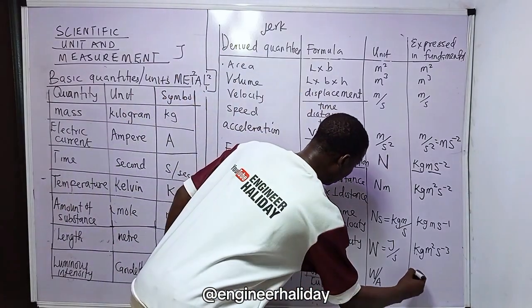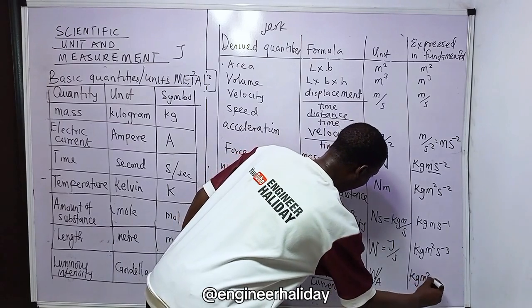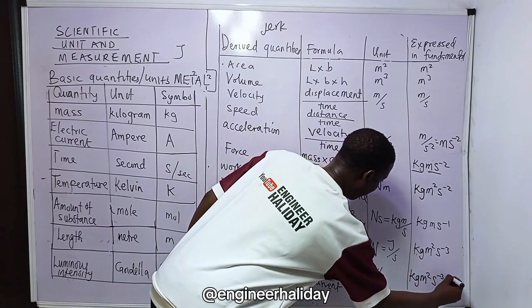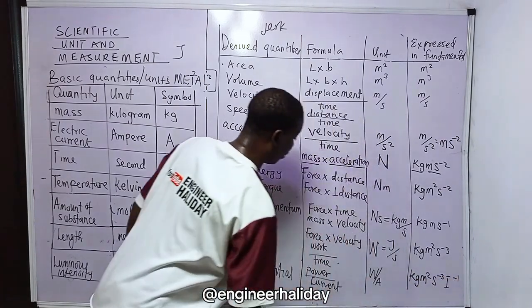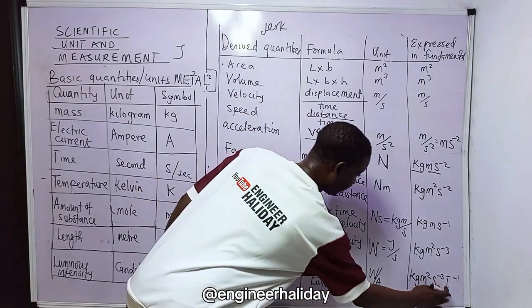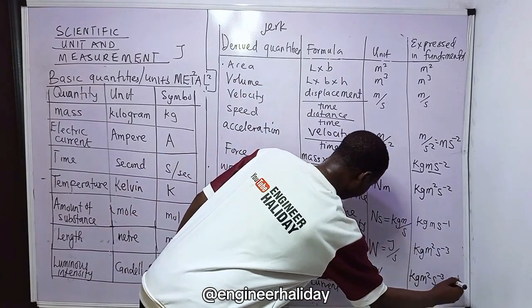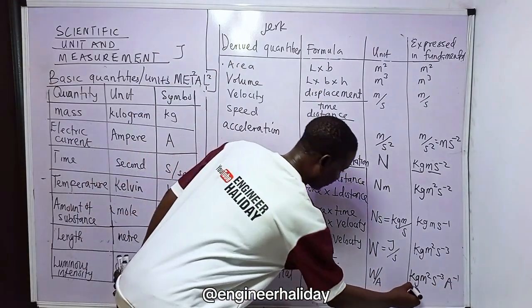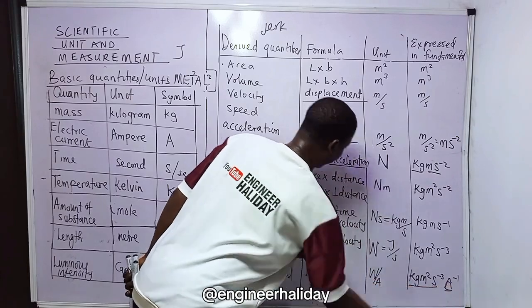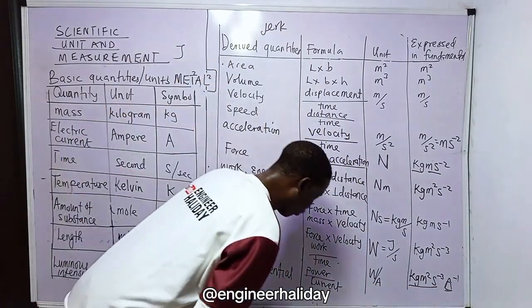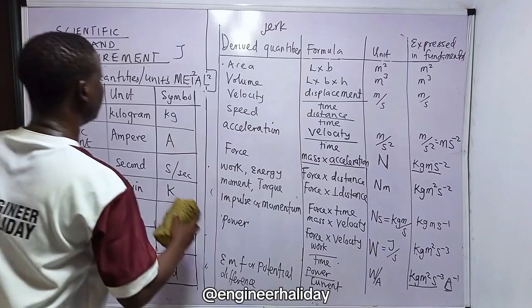The unit is kilogram meter square per second cube divided by ampere. That is what this one is for power divided by current. That is it.